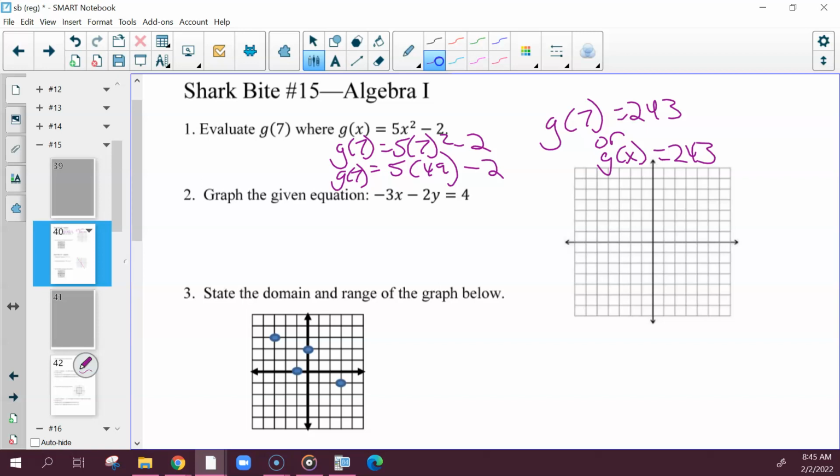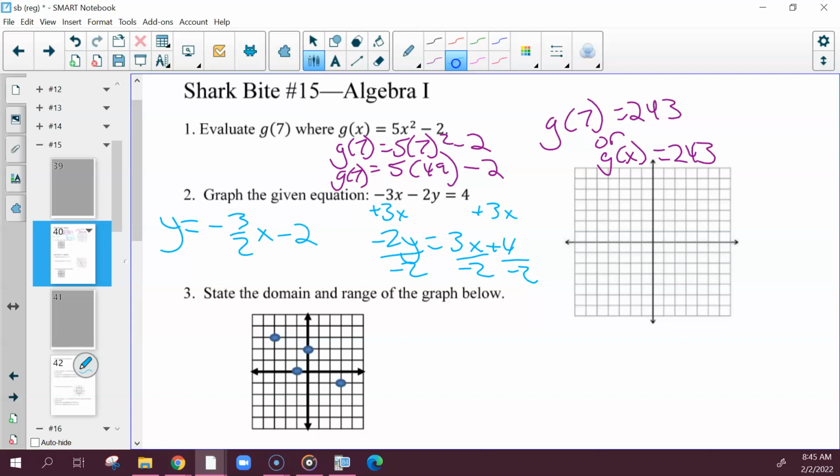For number 2, you need to graph this. So if you were getting this back in the slope-intercept form, our new equation would be y equals -3 over 2x minus 2.